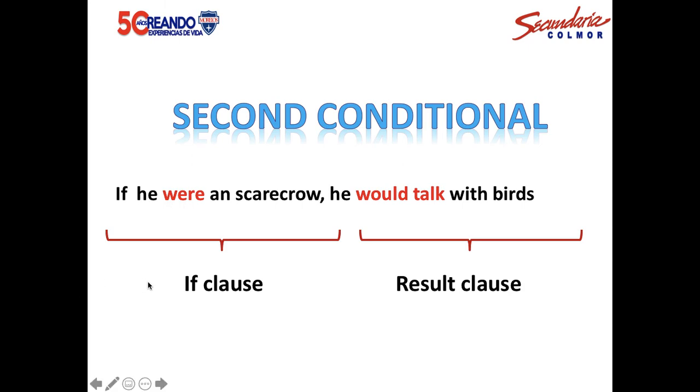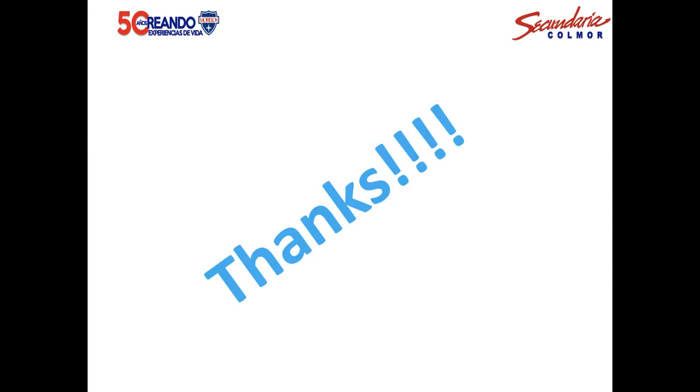We have the if clause and the result clause. In this case, we are talking about the scarecrow, and if he were a scarecrow, he would talk with birds. Yes? Perfect.